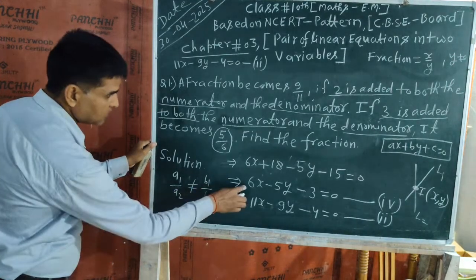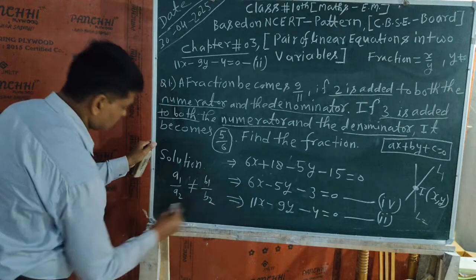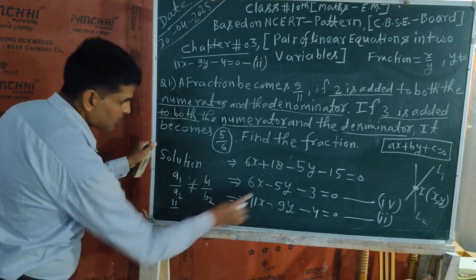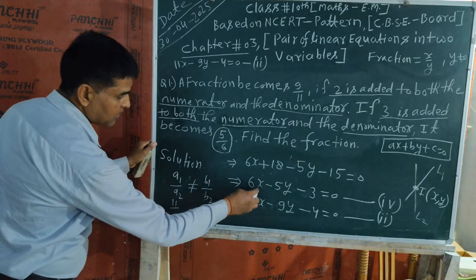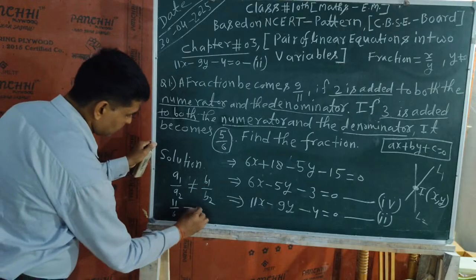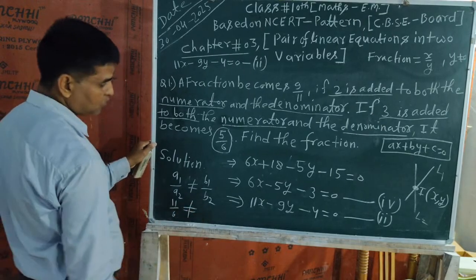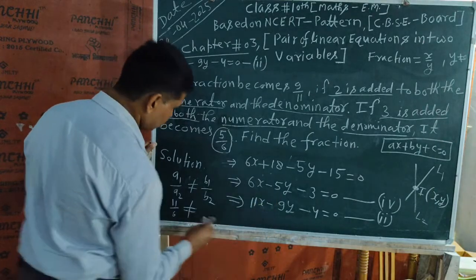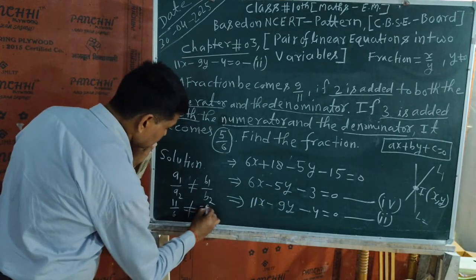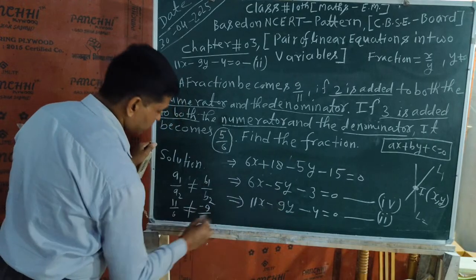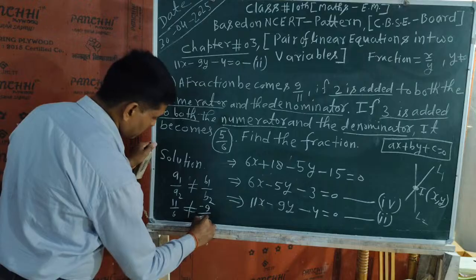So in equation number second, the value of a1 is 11, and the value of a2, which is the coefficient of x in equation number 4, is 6. Here the value of b1 is minus 9, and the value of b2 is minus 5.